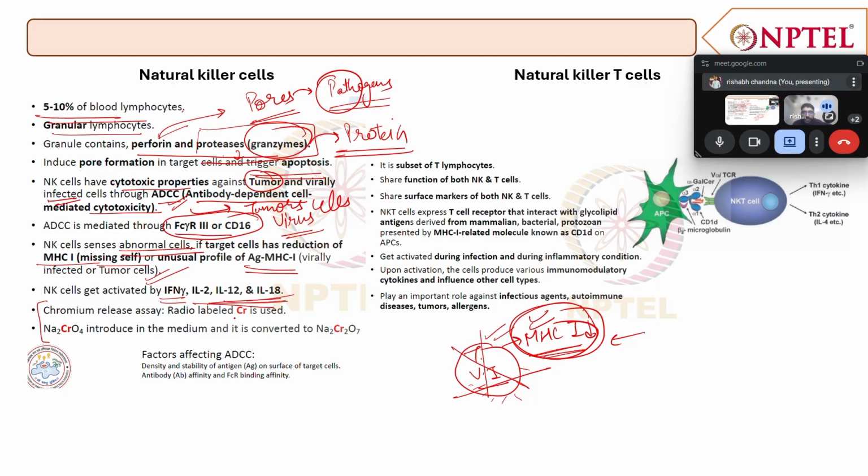So we use radio labeled chromium and we introduce the sodium chromate into the medium and that is converted into sodium dichromate. So this is sodium chromate and this is sodium dichromate. This helps in checking the functioning of the natural killer cells.